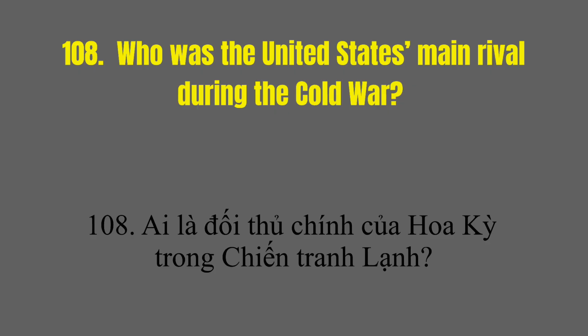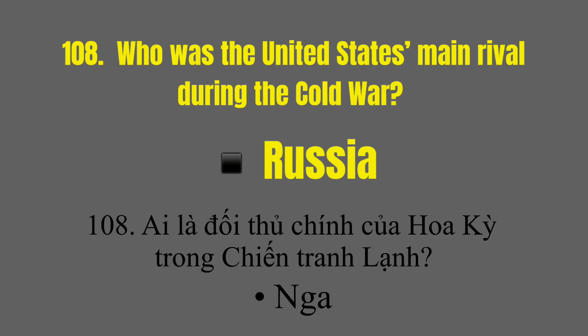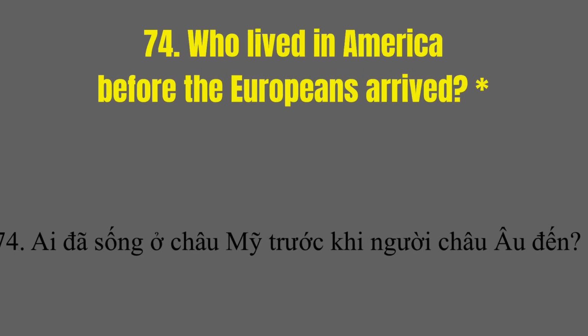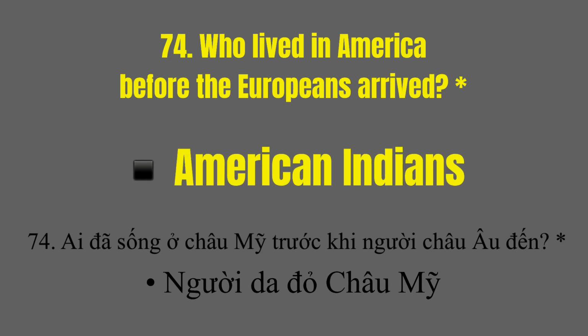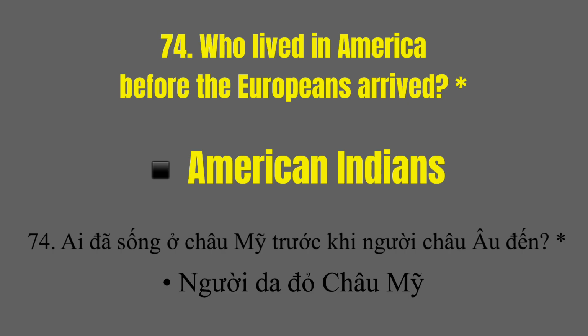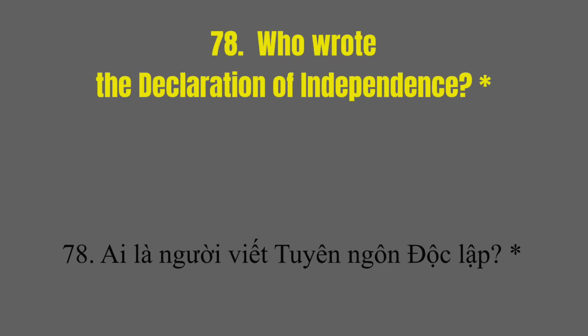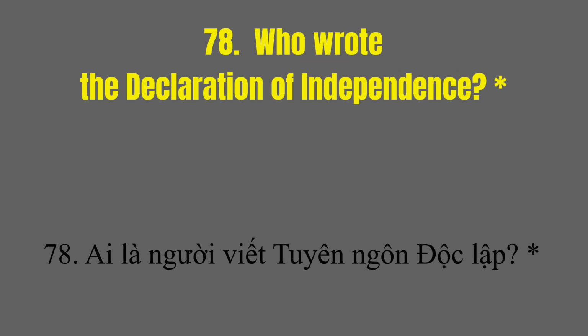Who was the United States' main rival during the Cold War? Russia. Who lived in America before the Europeans arrived? American Indians. Who wrote the Declaration of Independence?